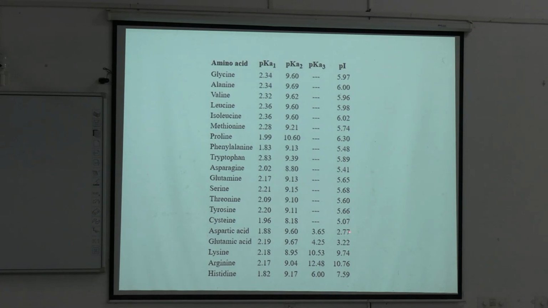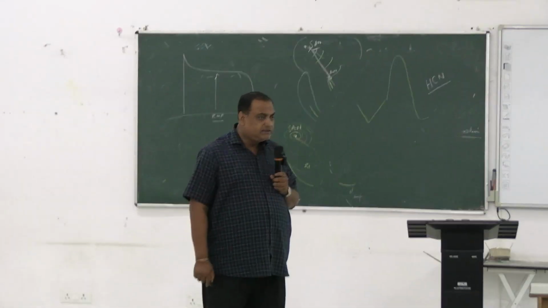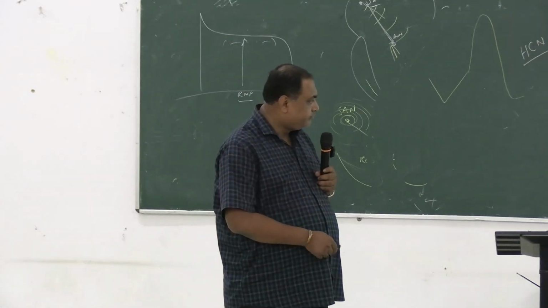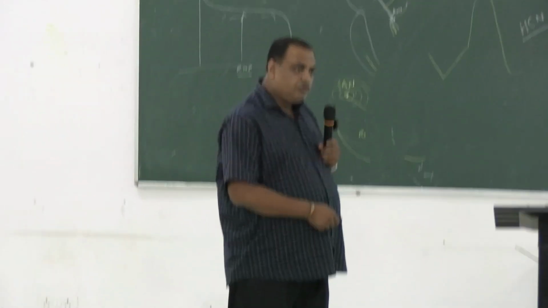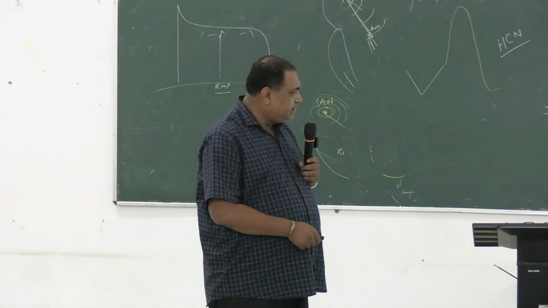See, it is now 2.7, 3.2. So what is the difference here? If there is more than one carboxylic group, then pI is in the acidic range. Aspartic acid, glutamic acid, in the acidic range.